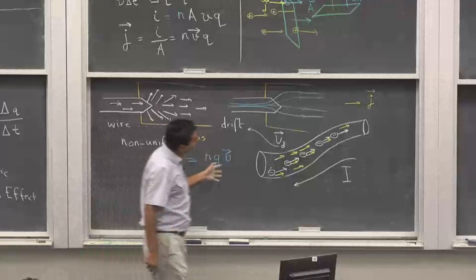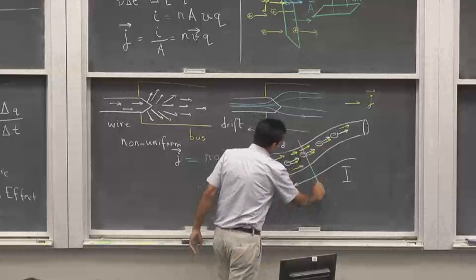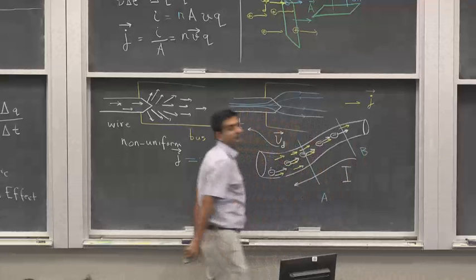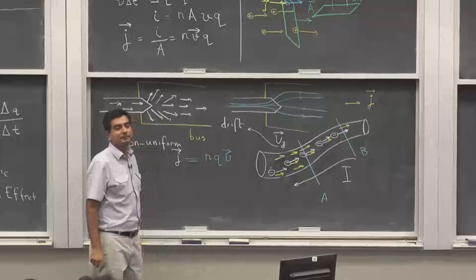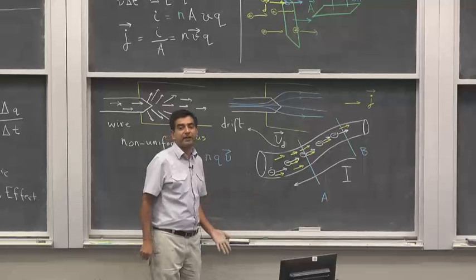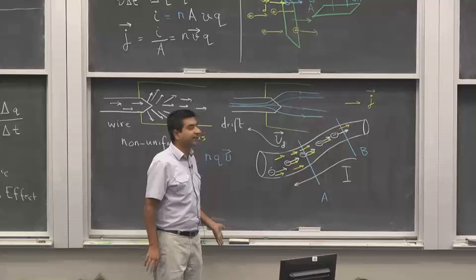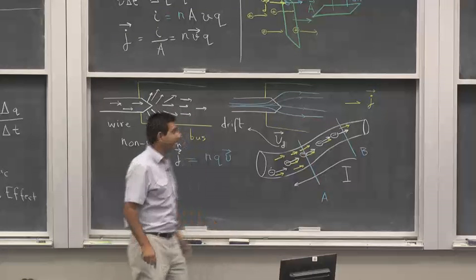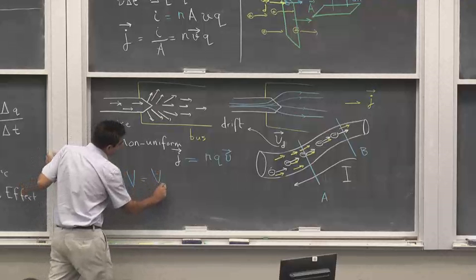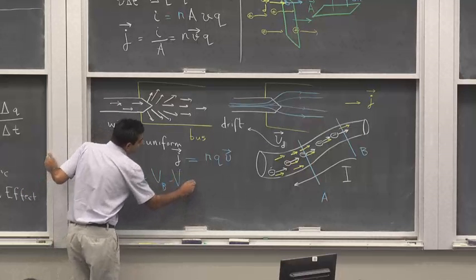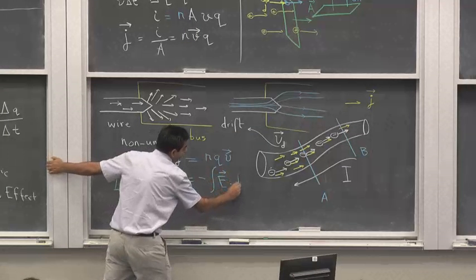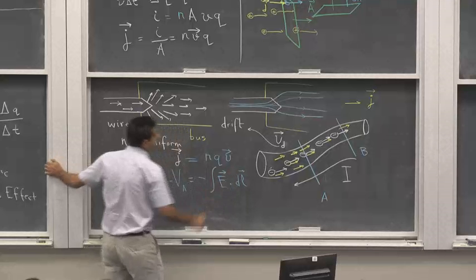So if I look at this wire, and I take a section A and a section B, I can use Faraday's law, or take the line integral, to find the potential difference between points A and B. If the potential difference is delta V, which is VB minus VA, we know that this equals minus the work done by the internal forces, which is the electric field.